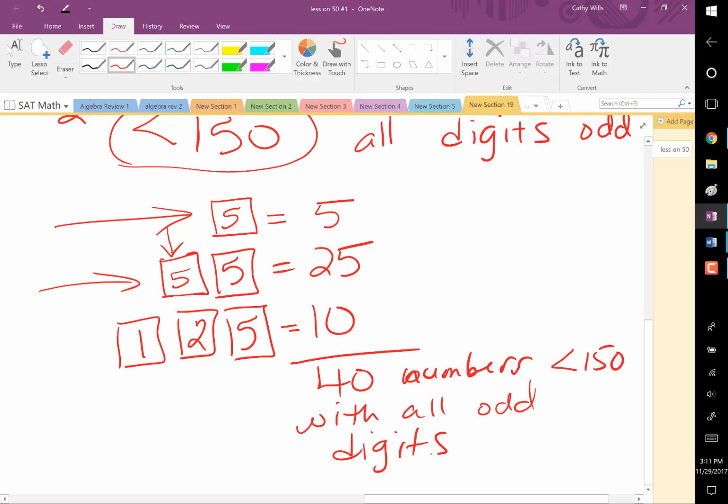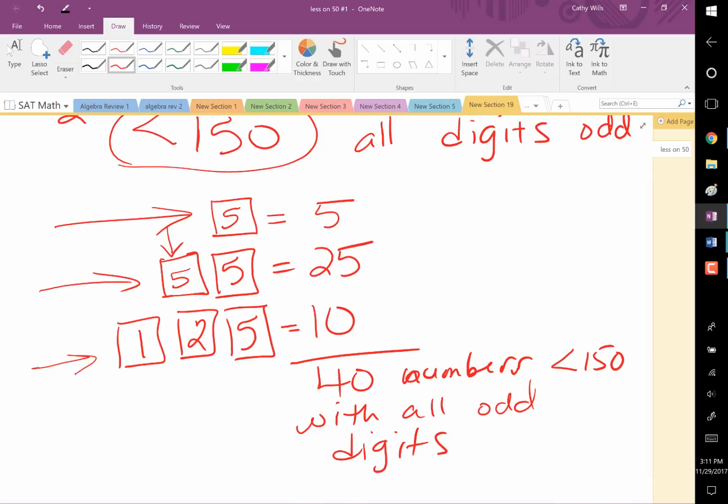Okay, so just to summarize, for the 1-digit numbers, there were 5 of them, 1, 3, 5, 7, and 9. For the 2-digit numbers, there were 25 because both digits just had to be odd. That's the only limitation on that because they're all less than 150 if they're 2 digits. And then the 3-digit numbers, the first digit had to be 1 because we're not going past 149.